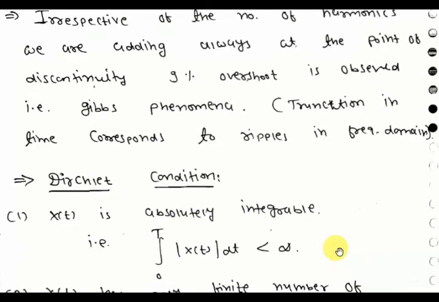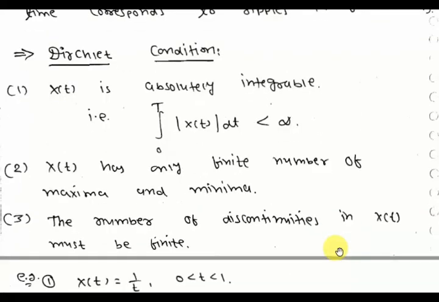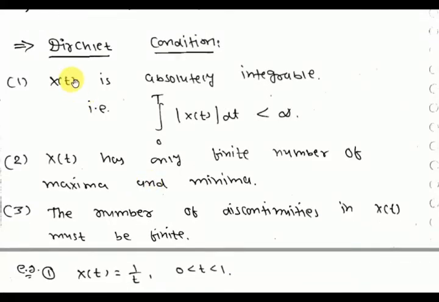Next important condition is the Dirichlet conditions. It states that any periodic signal will have a Fourier series only when these three conditions are satisfied. First, x of t should be absolutely integrable over one period: integration from 0 to T of mod x of t dt should be less than infinite.